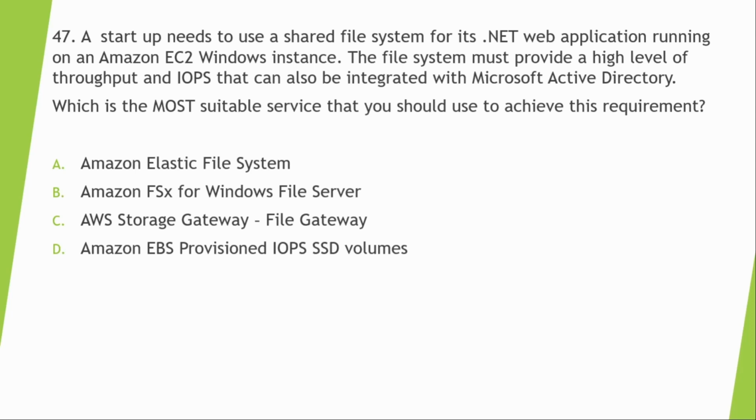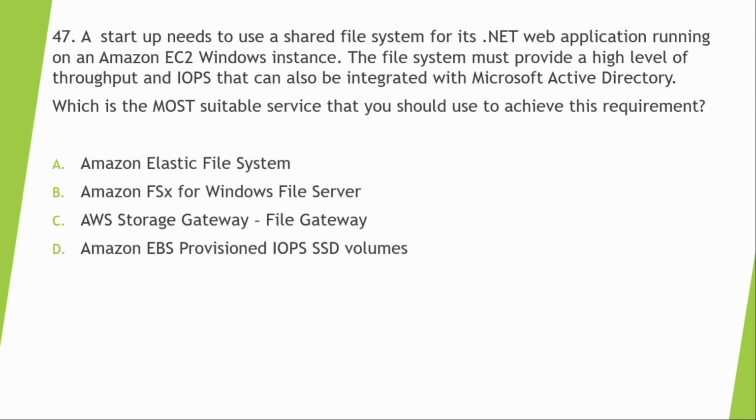So this is the reason the correct answer is FSx for Windows File Server, because it gives you all the requirements that we need for the current scenario. Okay, so we'll check why other answers are not correct. EFS is not correct because they are using a Windows instance, and EFS can handle only Linux workloads. Okay, that's the reason EFS is not correct.